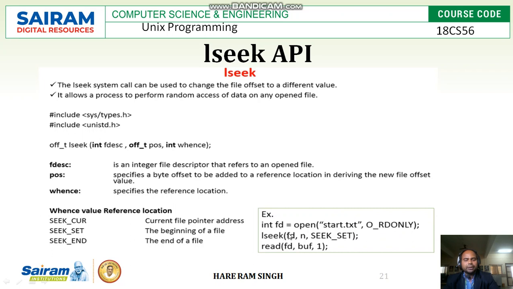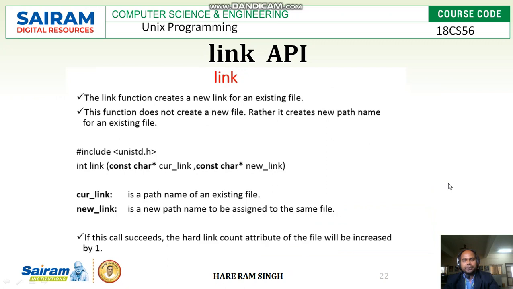Then we move from fd, the file representing start.txt, with SEEK_SET from the beginning of the file, n value to be added, and then we are going to read into buffer 1 byte of data from here. So this is the lseek API.